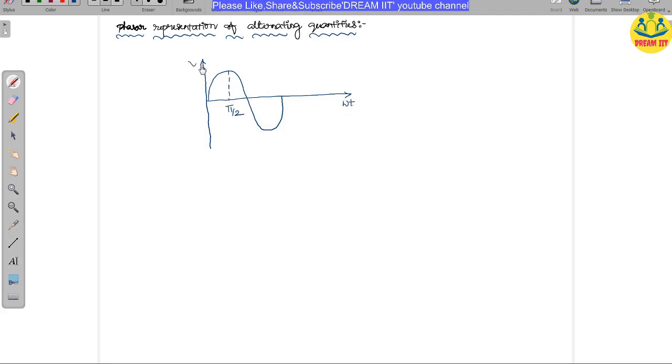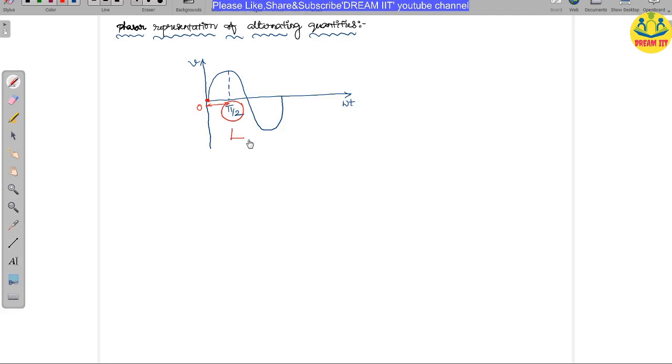Voltage is V here. If you observe the zero position, I am highlighting a zero position here. How much of shift or change is there from the zero position is known as the phase shift. It can be measured in angles.